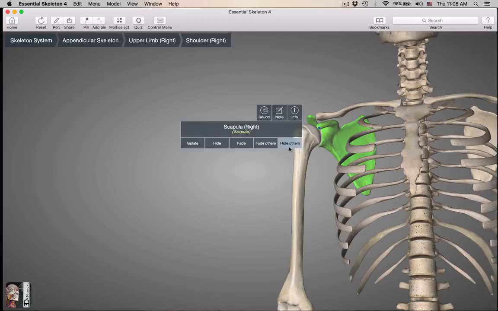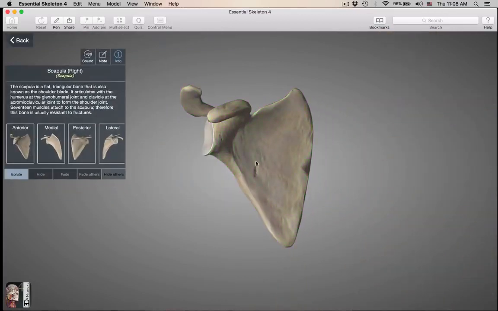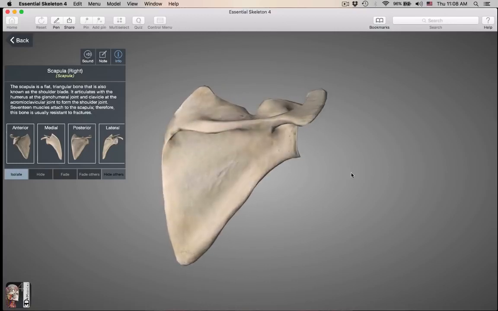So let's go ahead and isolate the scapula and then go over all those landmarks again. So here you have what border? This is going to be the medial or vertebral border.